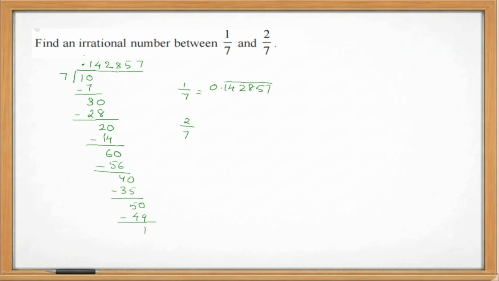We don't need to do the whole division. We can just simply write 2 into 1 by 7, which is very easy. Like 2 into 1 by 7, the answer you have already found, 0.142857, the whole bar. Now we have to do the multiplication part.